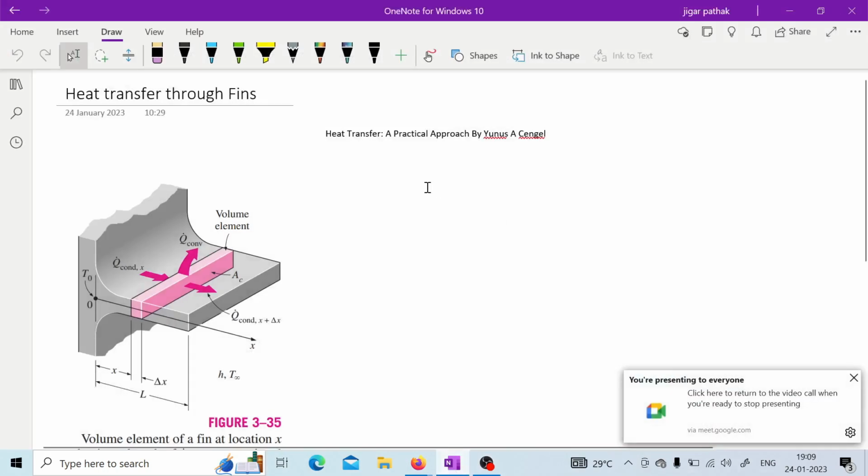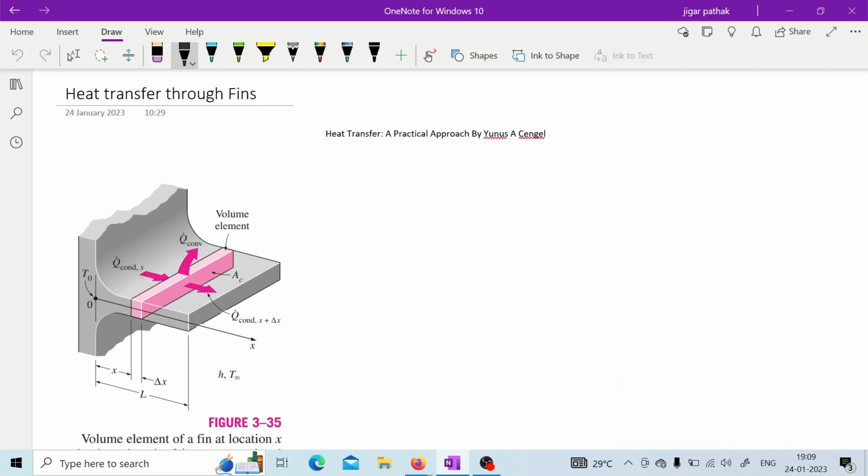then as you can see in the given figure, we can assume a particular element at a distance x, of length delta x. The heat transfer in this element is that whatever conductive heat transfer has entered this element at a distance x will be transferred as heat conduction at x plus delta x, and the remaining will be convected to the atmosphere.